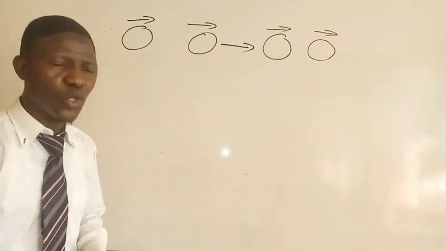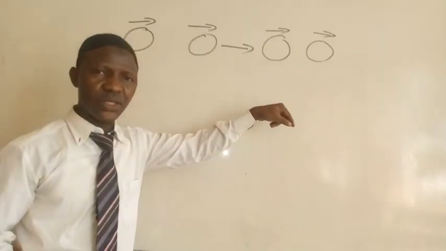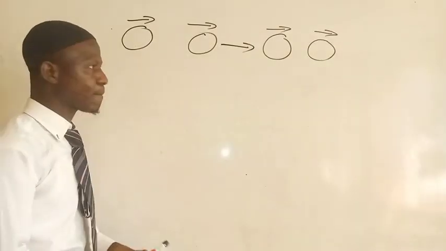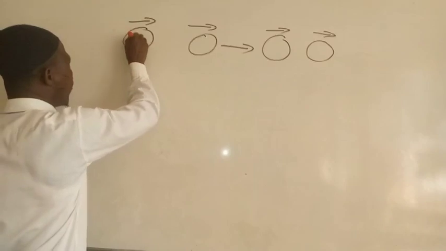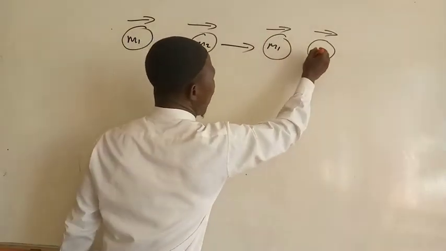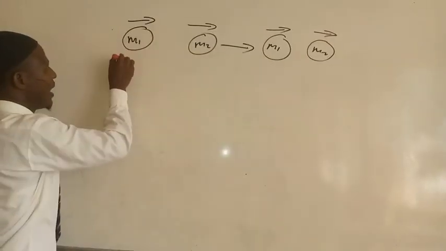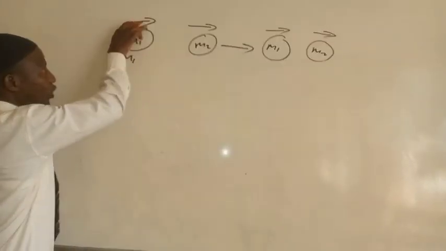It's very simple. Just use the arrows, that is their direction, to derive the formula. If this one is our M1, then this is M2. In that case, we are going to have M1, following this direction.